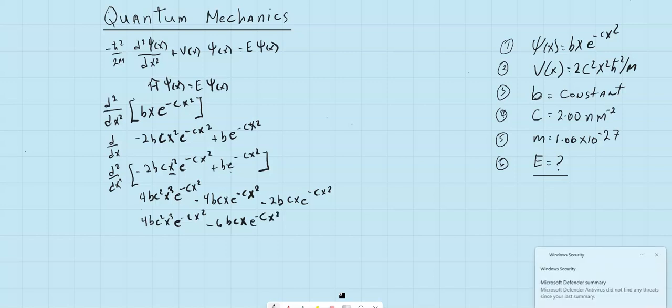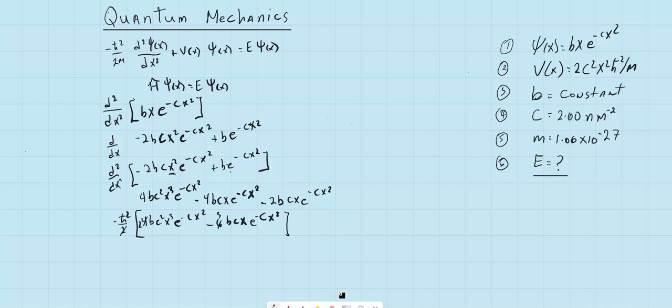And now I'm just going to multiply by negative h bar squared over 2m. And I have all of this right here. So I know I can reduce this 2 right here with the 4, it's going to give me a 2, and the 6 is going to be a 3.